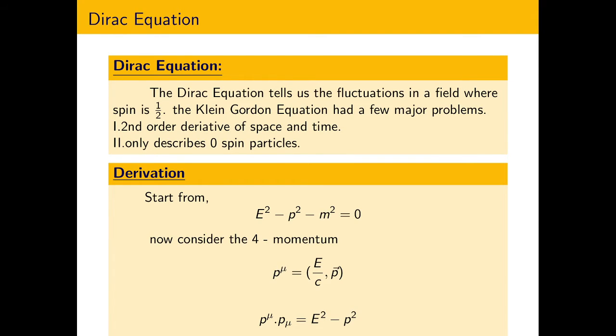And P vector is used to represent Px, Py, and Pz. When you take the dot product of this four vector, this is the equation you end up with, E square minus P square. So you can replace p mu and the dot product of this four momentum vector in the Einstein energy relationship. Next slide, please.